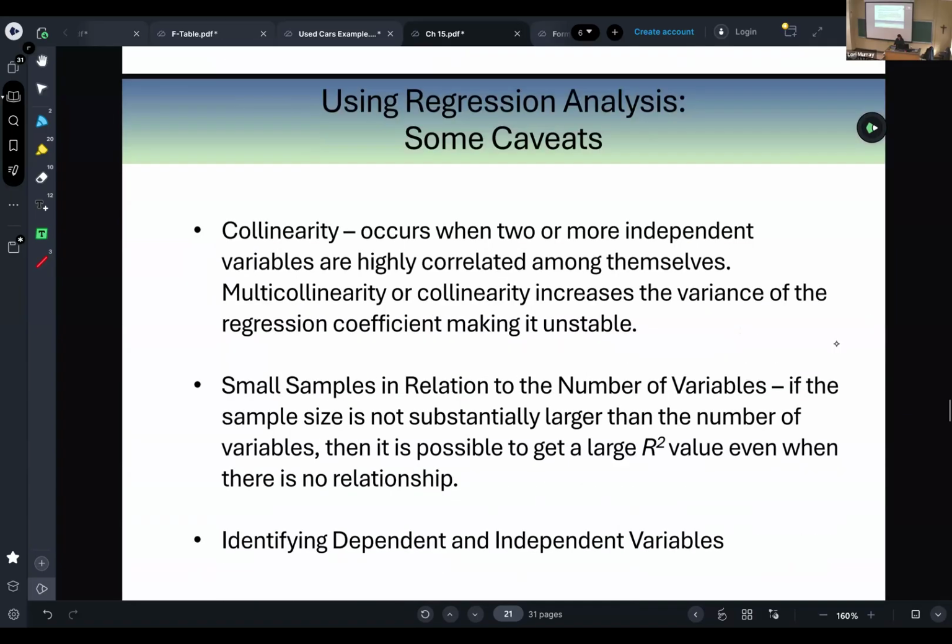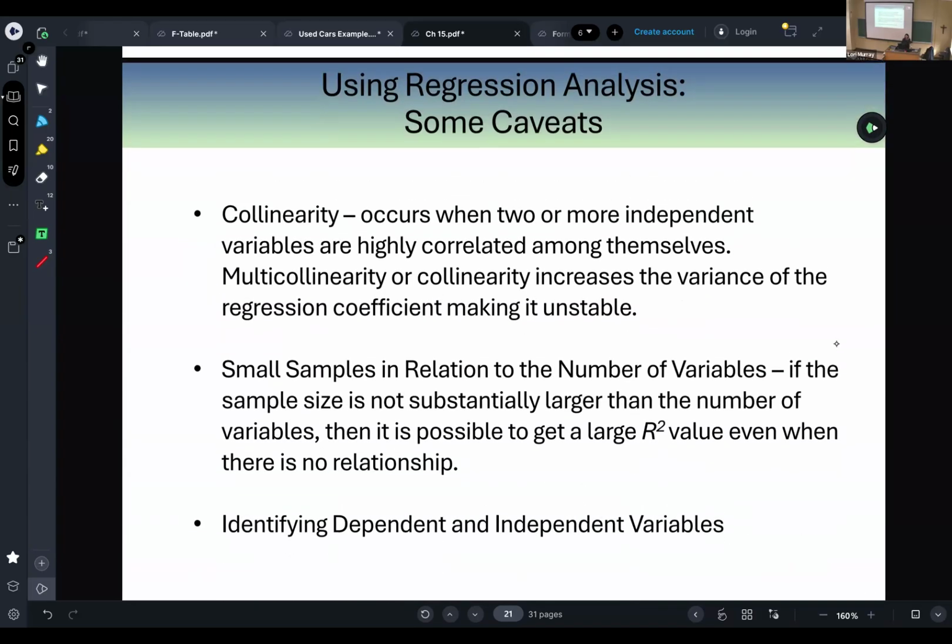All right. Collinearity is when two or more of the independent variables are highly correlated amongst themselves, which can cause issues with prediction intervals. Your model may not be a good predictive model if you have that.